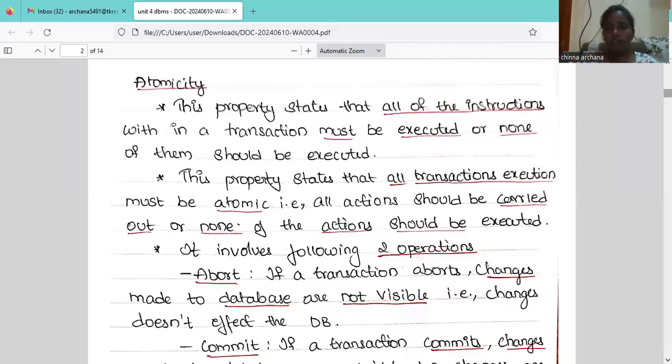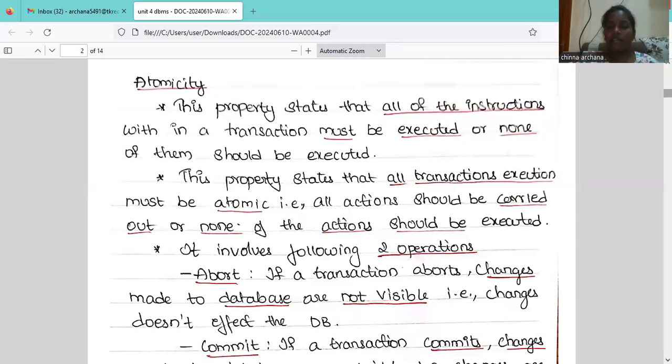When a transaction has to follow the atomic property, it means that the set of logical instructions present in the transaction should be followed one by one from top to bottom. It should start the transaction and it should end the transaction. So this is one way.